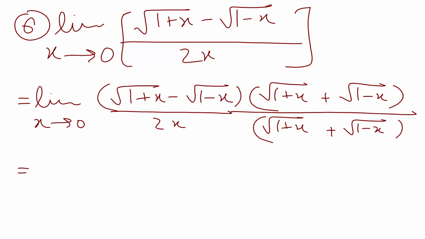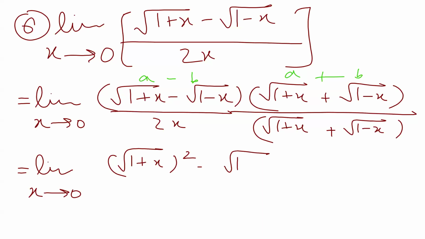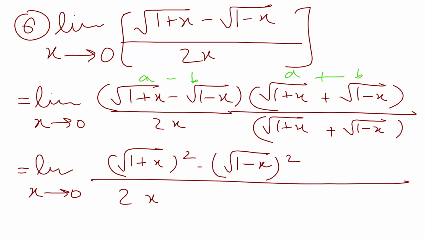Okay. So limit x approaching towards 0. Numerator will be a minus b, a plus b. A square minus b square. Okay. This much I have got.